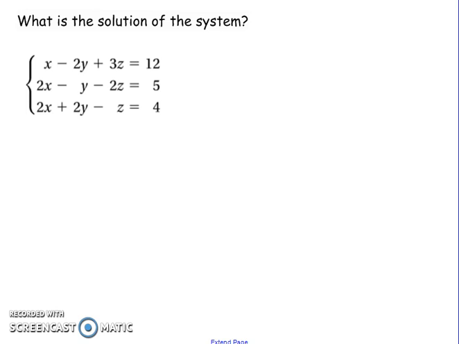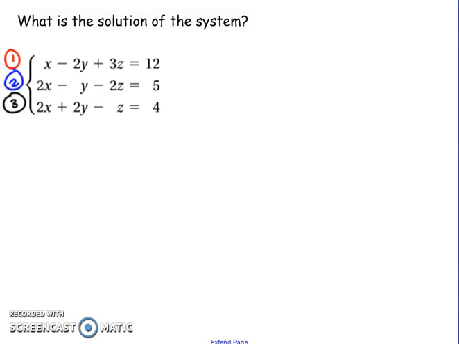So remember, we want to label our equations, 1, 2, and 3. And then we want to see what variable we want to cancel out or eliminate from all 3 of these. It doesn't matter which one we use. I'm going to get rid of all of the y's.